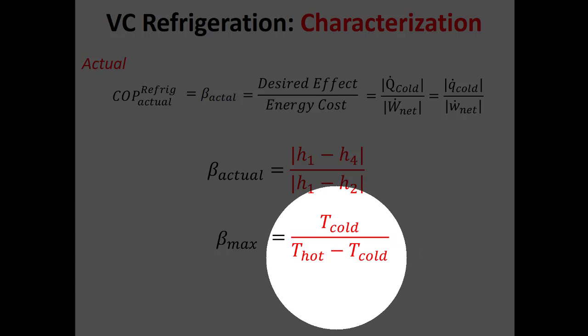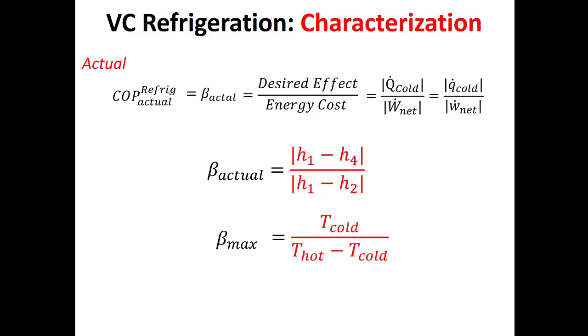So for the ideal, or Carnot, coefficient of performance, we take T cold divided by T hot minus T cold. But we have to remember that because in the numerator this temperature stands alone, it's not a delta T, so T cold has to be in Kelvin or Rankine, not Celsius or Fahrenheit.